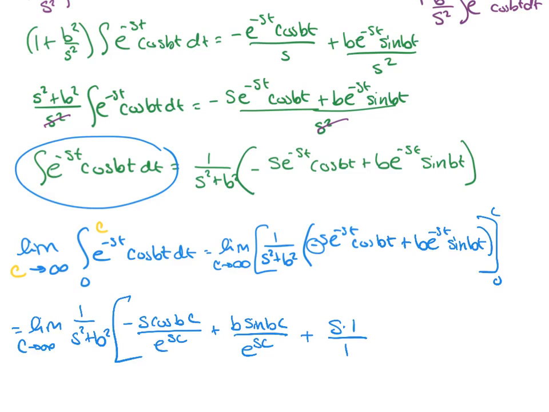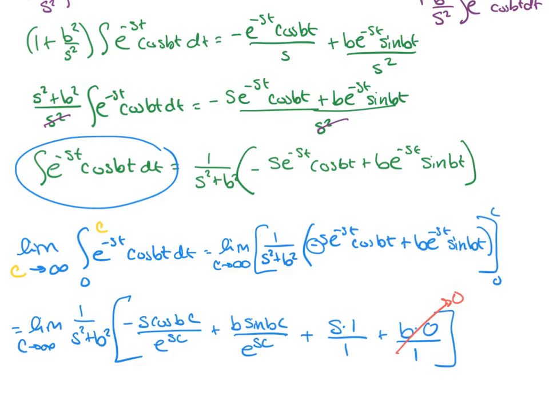So I have s times cosine of 0, which is 1, over e to the 0, which is 1, plus b sine of 0, which is going to be 0, over 1. Okay. Love, this is going to 0. This is just s. That'll stay.